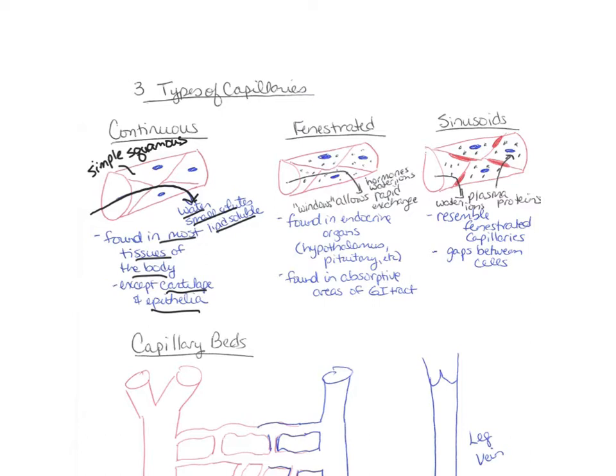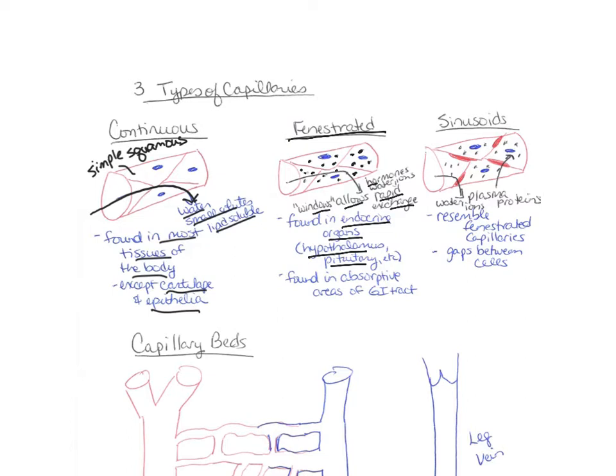And then we have these fenestrated capillaries, and fenestrated capillaries look just like the continuous capillaries, except they have these little pores that we call windows. So there's all these little windows in these cells in addition to any other channels that they might have. And the windows allow for a more rapid exchange. Now, we find these types of capillaries in areas like endocrine organs, so the hypothalamus and the pituitary, where we need to get a rapid exchange.